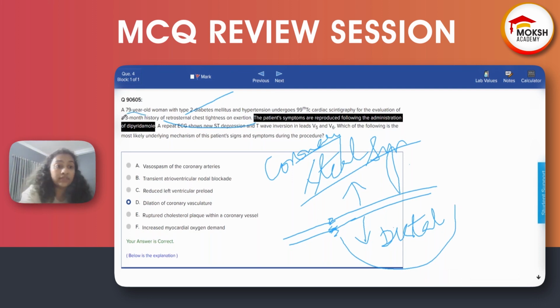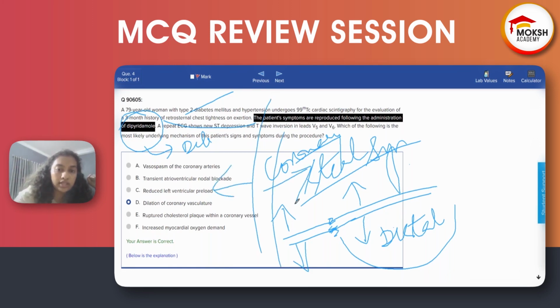Now, when you give dipyridamole, it dilates all the coronary vessels irrespective of the stenosis. It tries to dilate whatever coronary vessel is there, on some other side. It tries to dilate everything. When it tries to dilate everything, the blood which was going to the stenosed part goes to the normal part.